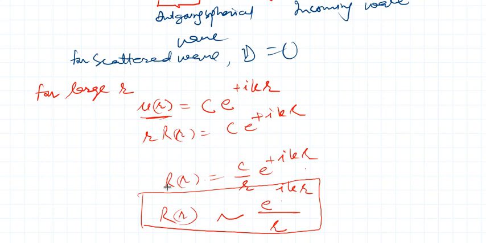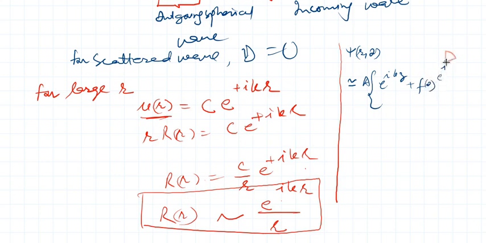And this wave is something you have seen before. When I began quantum scattering theory, how was the wave function written at that time? The wave function was written as psi(r, theta) nearly equal to A e raised to power iota kz plus f of theta e raised to power iota kr over r, for large r.